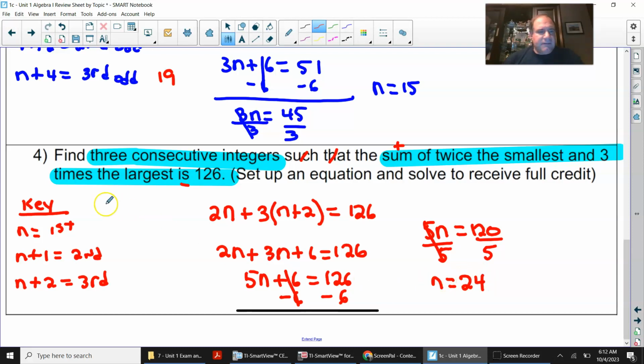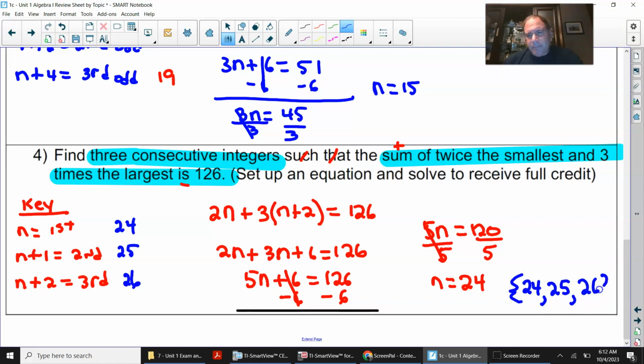Find the 3 consecutive integers. So we're just going to put 24, 25, and 26. So 24, 25, 26. All right? And that's it.